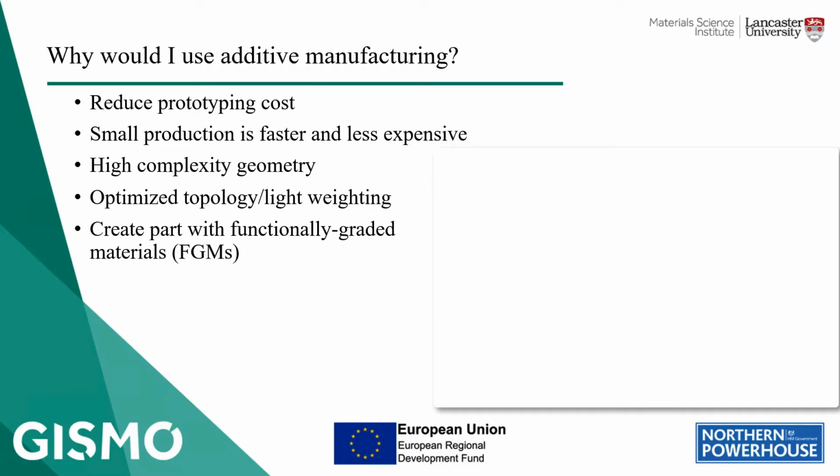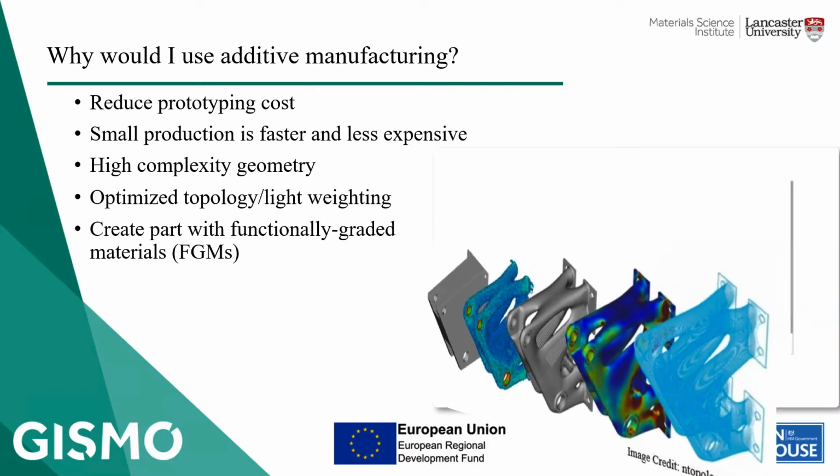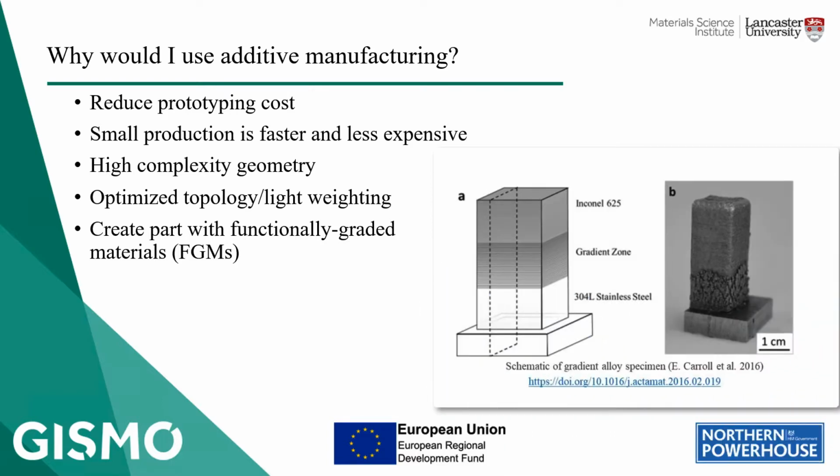The biggest advantage of additive manufacturing is creating complex geometries and optimized topology for lightweighting. The more complex the object, the faster and cheaper it can be made through additive manufacturing in comparison to traditional manufacturing methods. Functionally graded materials, or in short FGMs, represent a class of novel material in which composition or macrostructure gradually change along various directions, resulting in a gradual change in properties and function which can be tailored for enhanced performance.